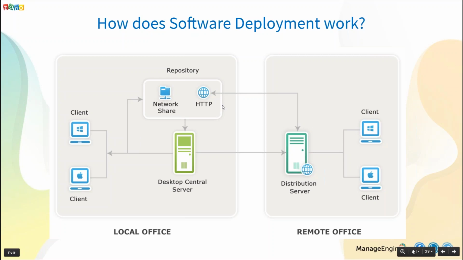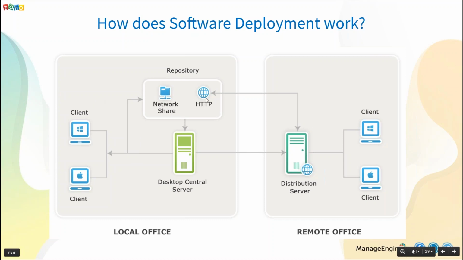If the storage method chosen is network share for deployment, then the client machine will reach the share location and execute the installable files from there. You need to ensure that the share is accessible from all the client computers.